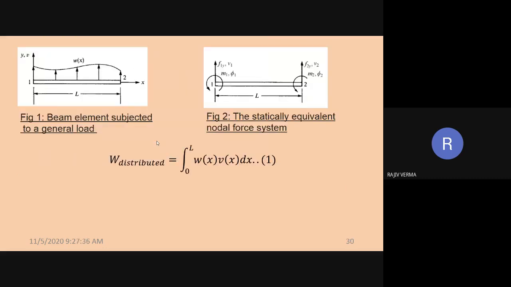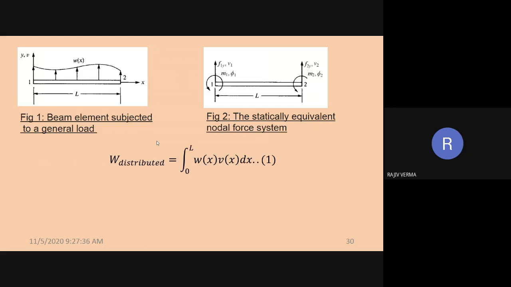So the distributed work is going to be the integral of the load multiplied by the transverse displacement, integrated over the entire domain. So equation number 1 gives us the distributed work.